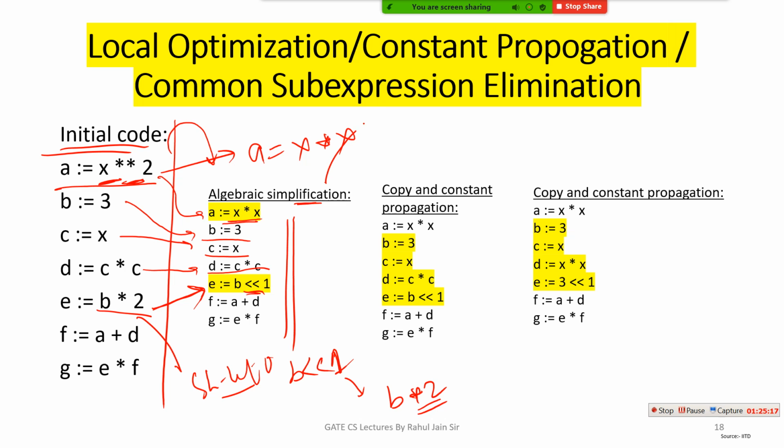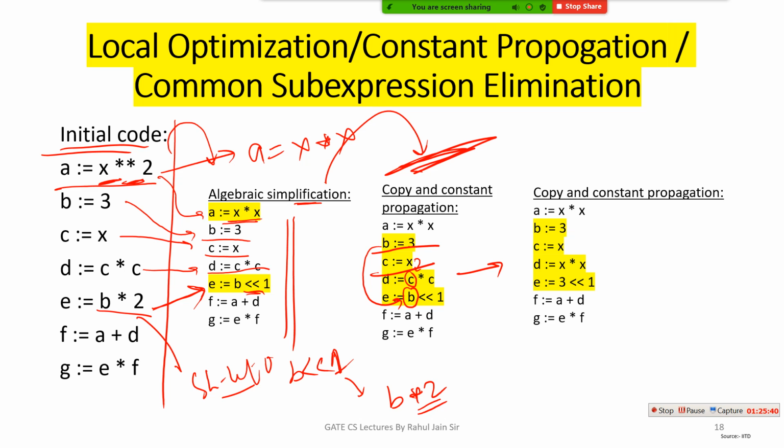After algebraic simplification, I am going to apply copy and constant propagation. If you observe, b equals 3 is my constant and c equals x is my copy. So I will replace the value of b here and replace this c with x.